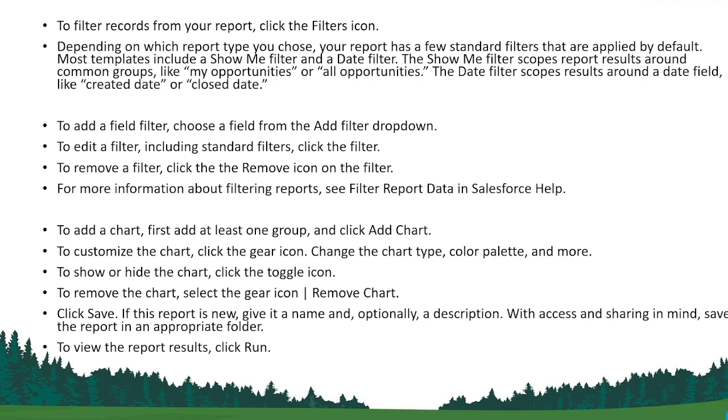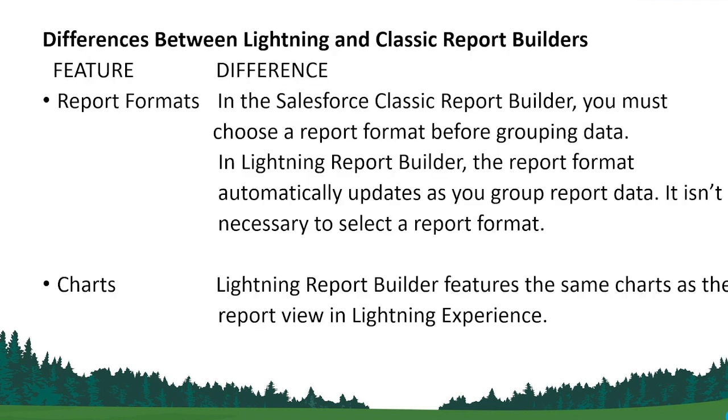So when you want to view any report results, you just click on run. We have differences between Lightning and Classic report builders. So we have features of report format.